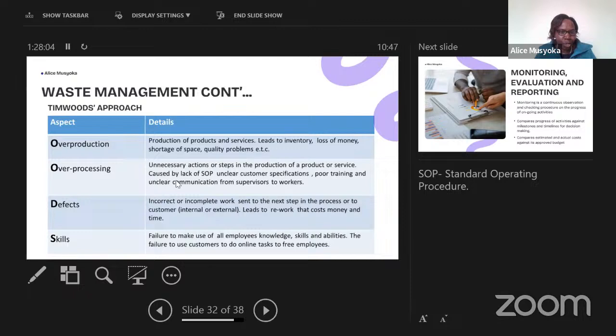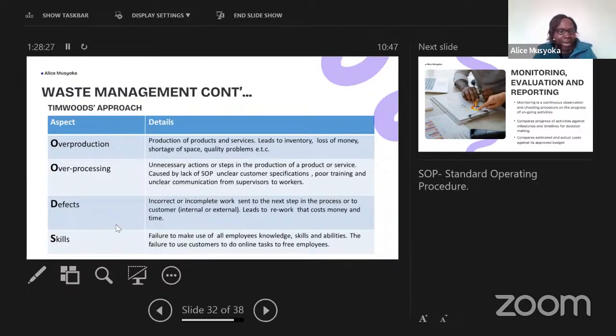So that can lead to a problem also, especially when it comes to service. It can lead to a lot of waste on time, or where you find there's duplication, we have situations where people duplicate the processes.